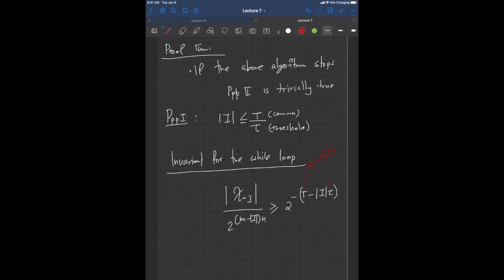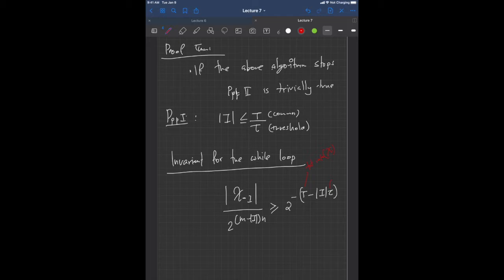So the amount of information left in the set of matrices where you remove these I rows should be less than t, right? If you intuitively believe that this measure of information is going to work, whenever we identify a revealed row, that should account for at least tau bits of information. And when we have identified cardinality I many such revealed rows, that amount of information should be taken away from the current set of matrices.